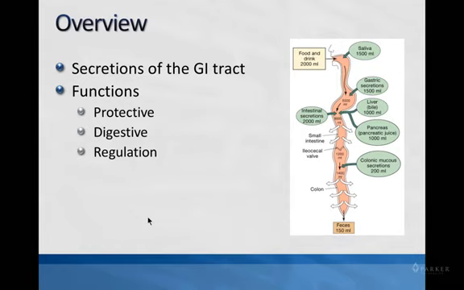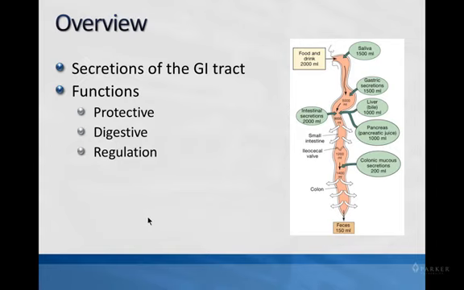The overall functions of these secretions encompass protection, things like mucus that help protect the mucosal layer of the GI tract. It can serve a digestive function, so certain enzymes or even bile are involved in digestion of the foodstuffs that we take in.